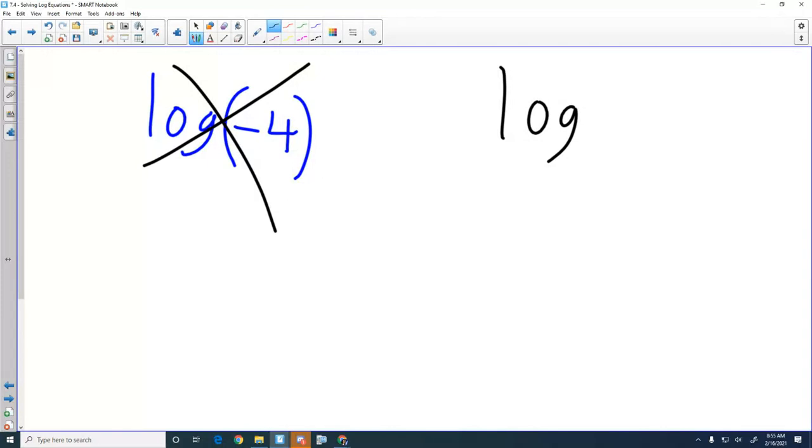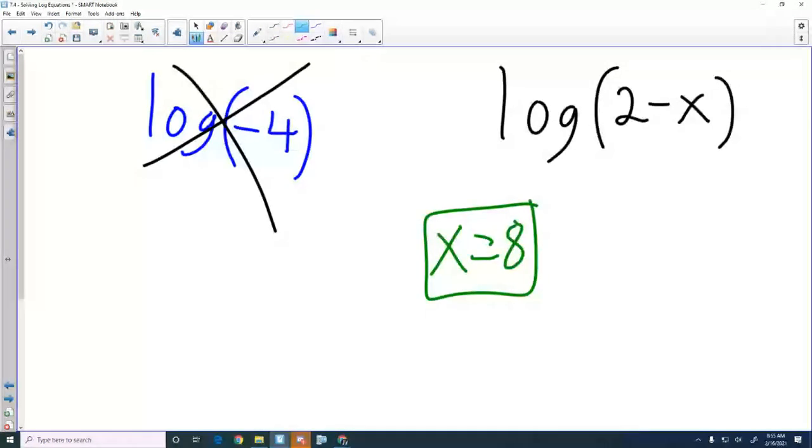If one of your original logs was something like log of (2 minus x), and we solved it and got x equals 8, you're like, box it up, we're done.